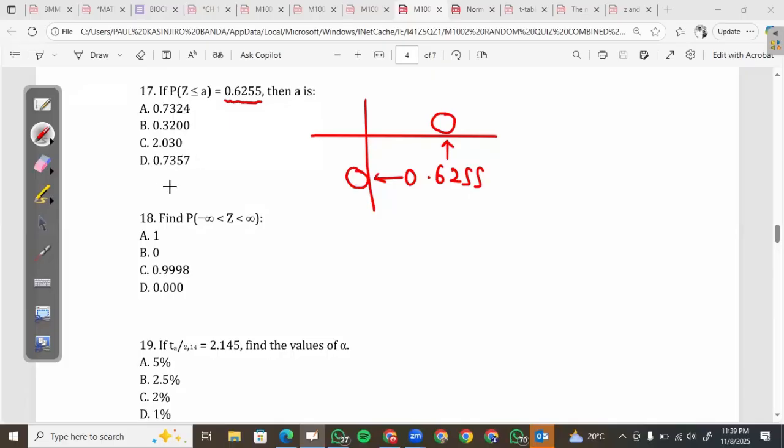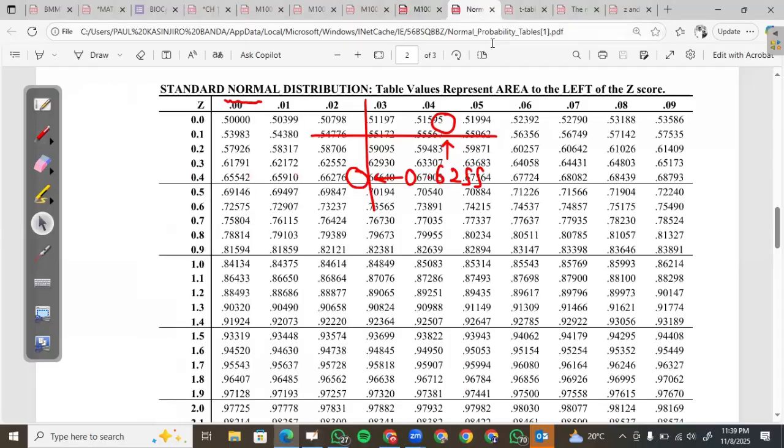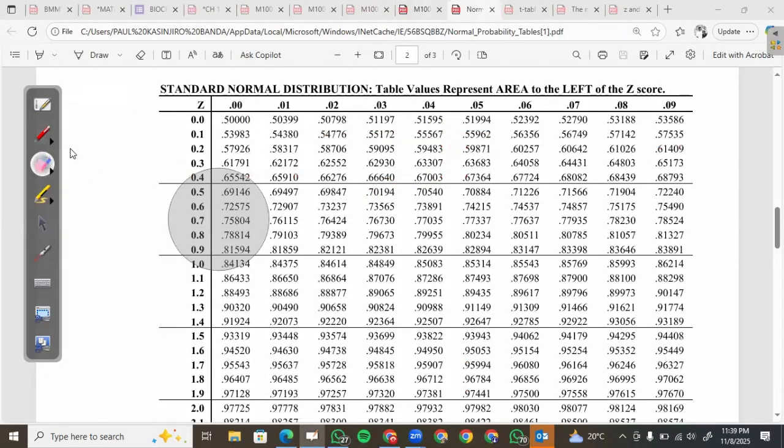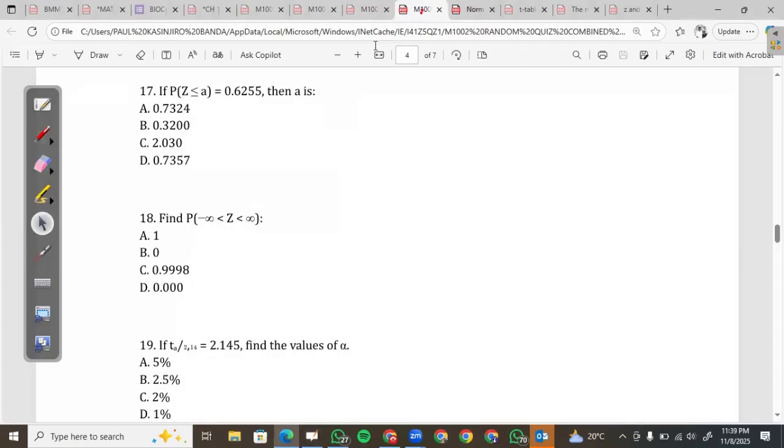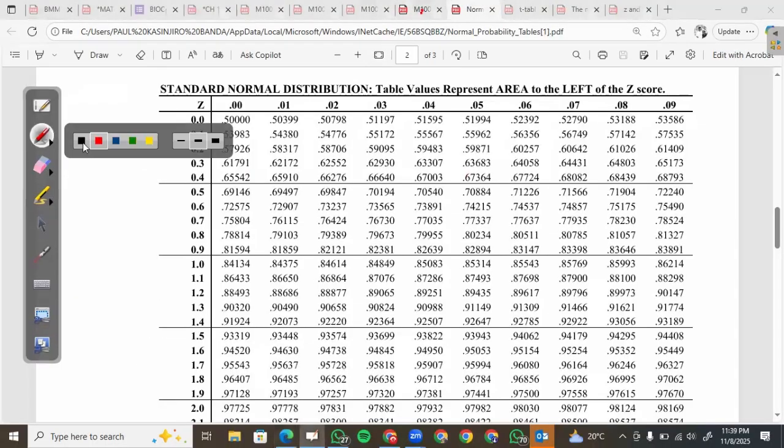So that is 0.6255. So let's go to the Z-score table here. We are looking for 0.6255. The 0.62 starts from there. So it's here.